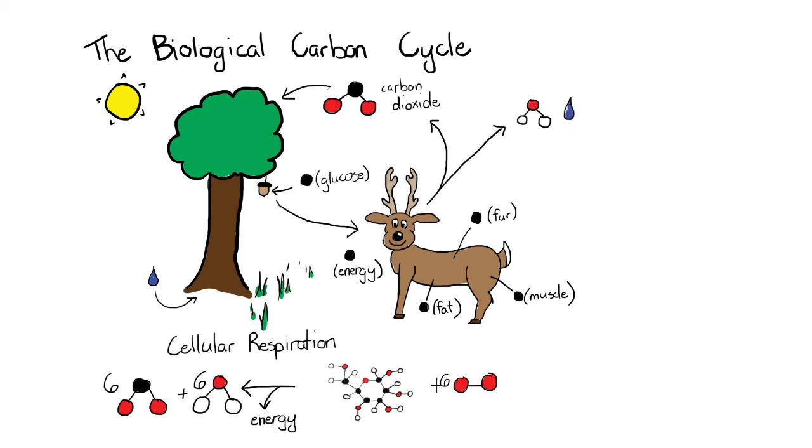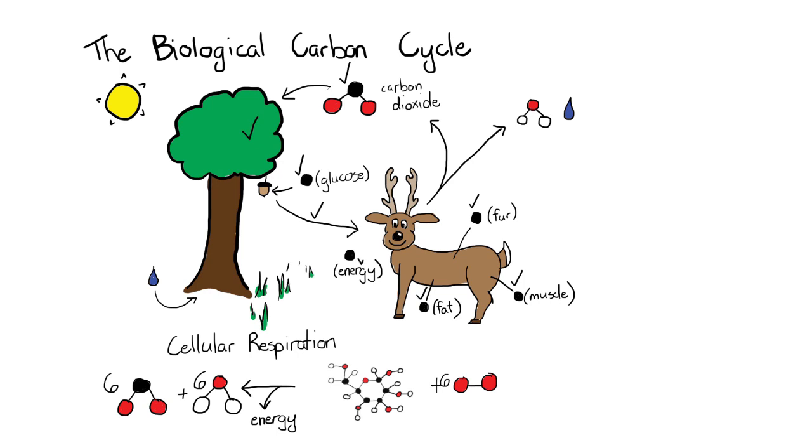So let's review. The carbon dioxide starts here in the atmosphere. The tree uses the carbon dioxide in the atmosphere to produce glucose. This glucose gets rearranged and reformed into many tissues throughout the tree so that when the deer comes along and eats that acorn, that carbon gets transferred to the deer. The deer uses this carbon to make all these components, the fur, the muscle, the fat.